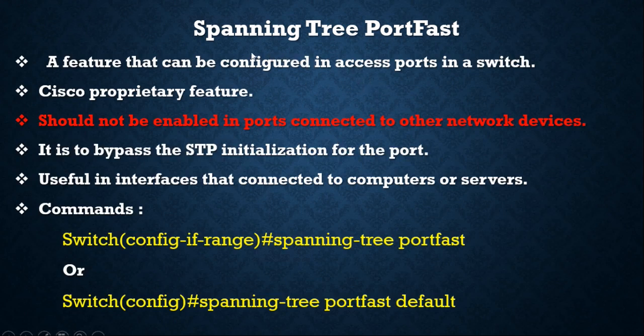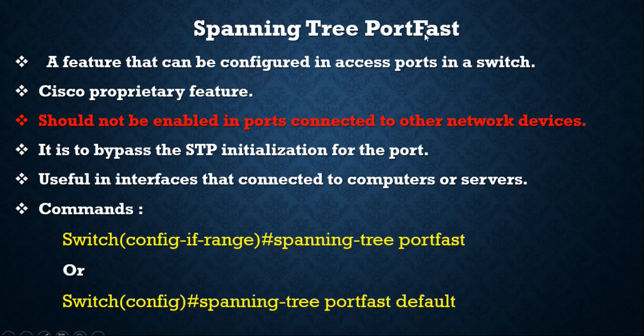What this feature does is bypass the STP initialization of the port on which it is configured. Normal STP initialization goes through delay states like listening, learning, and only then does the port come into the forwarding state.